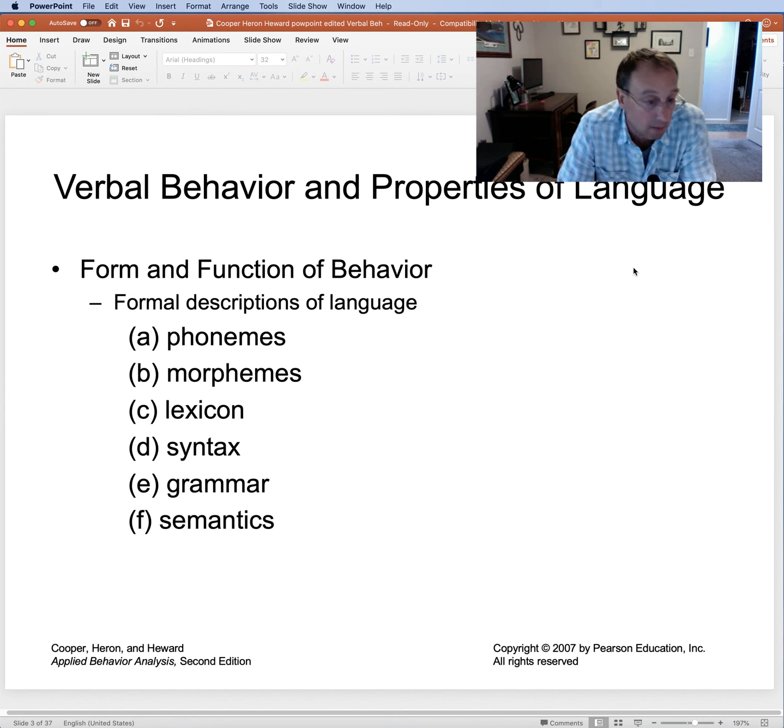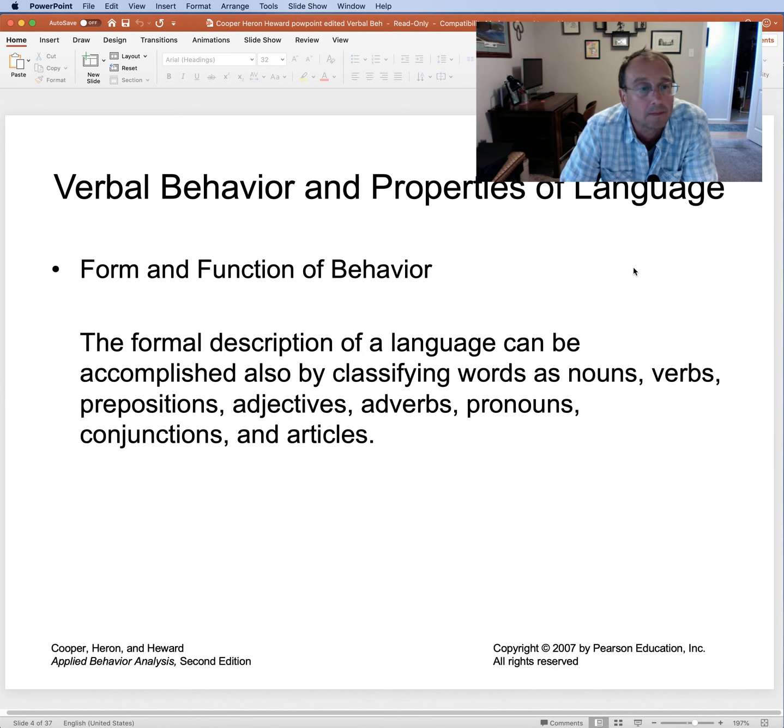We need to have grammatically correct, put together words, semantics and meaning of different kinds of words. These are all getting at formal descriptions of components of language. But it's very much what I call the structure or the foundation of verbal behavior.